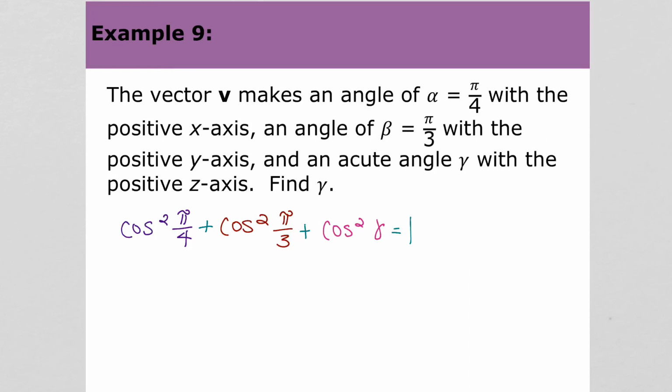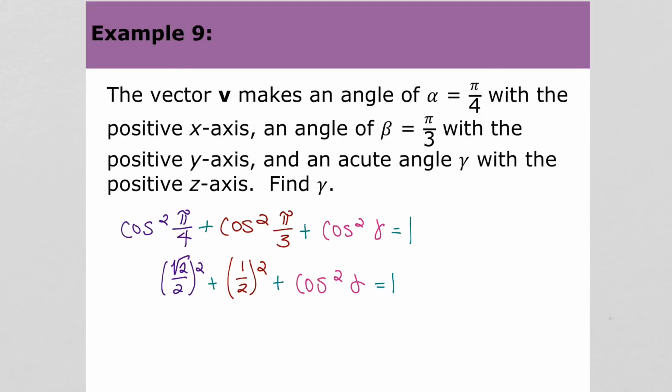The cosine of pi over 4 is root 2 over 2. So root 2 over 2 squared plus cosine of pi over 3 is 1/2. So 1/2 squared plus cosine squared lambda equals 1.